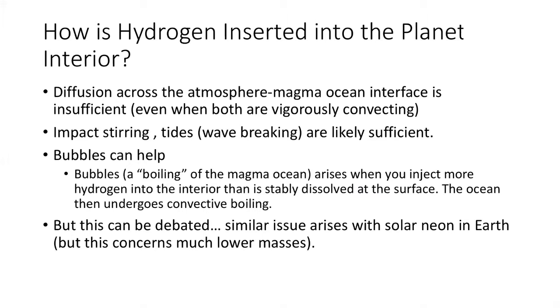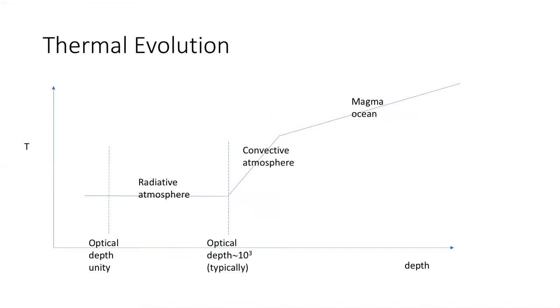And people have debated endlessly whether this was incorporated in the embryos from which the Earth was formed, or whether it came in solid particles. In the case of Earth, it may actually have come in through solid particles, but part of the debate is the same things I'm talking about here. Can you actually get it into a magma ocean, which surely the Earth had? So, yes.